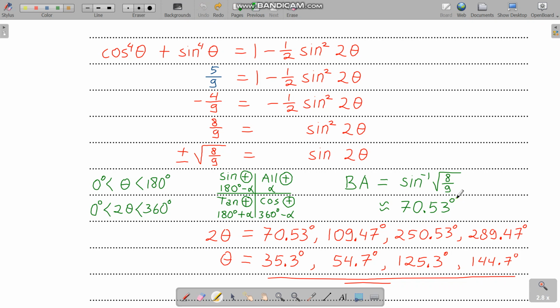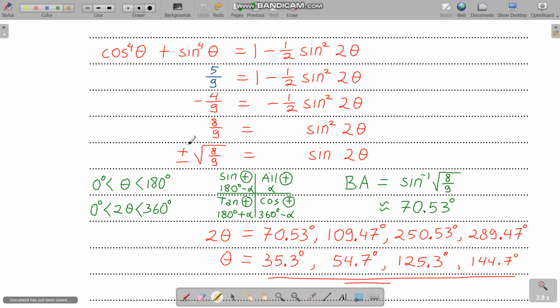Now for the domain, this is the original domain. Since the angle we are dealing with is 2 theta here, we gotta multiply throughout by 2, so we get 0 times 2, theta times 2, 180 times 2, which means we are using all 4 quadrants. This is the quadrant rules.